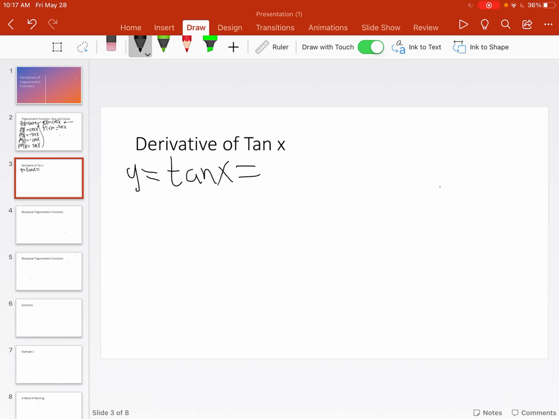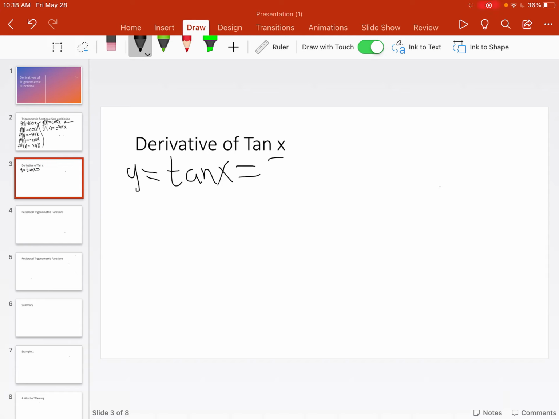I know trig identities was one of those things in pre-calc that students just hated. I myself was never a big fan of trig identities when I was in pre-calc. However, you need to know them. They're really important, and you'll be using them a lot. The one I'm going to show you right now, you need to know like the back of your hand. And it's one of the simpler ones, actually.